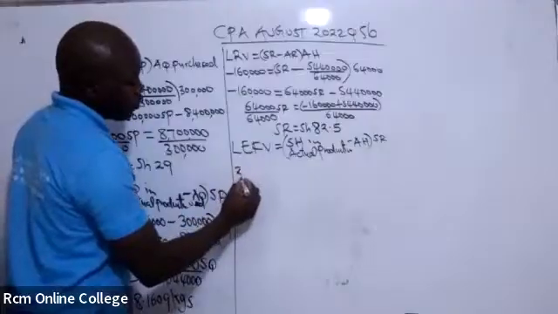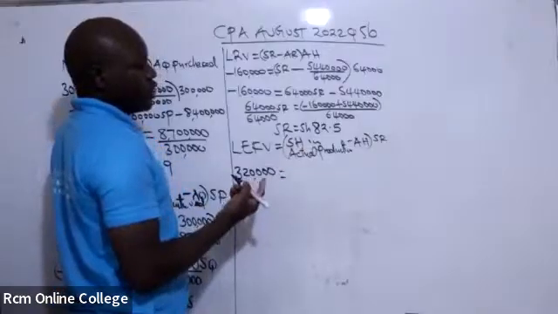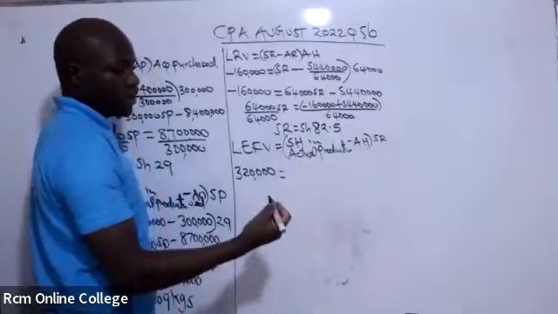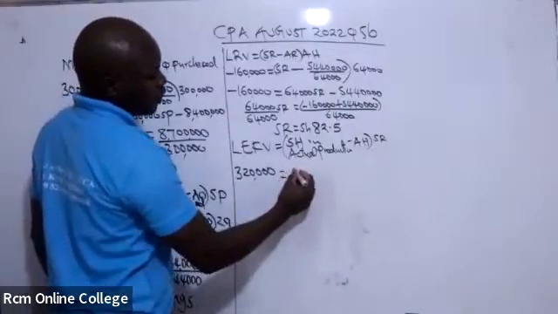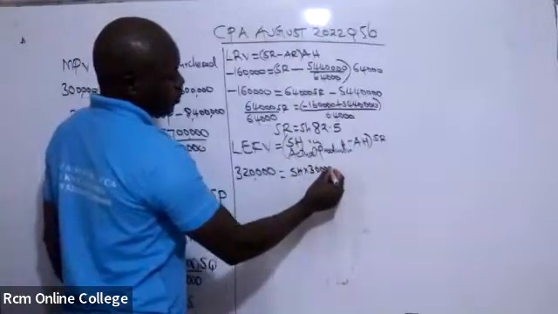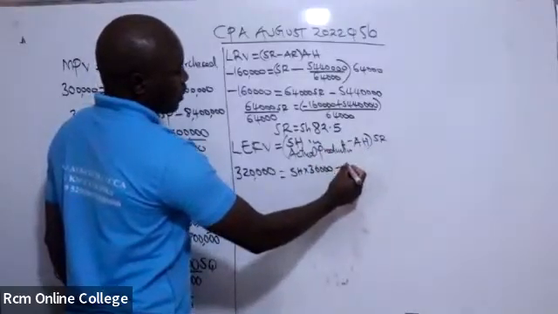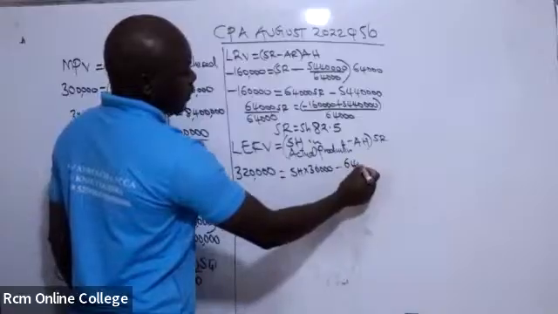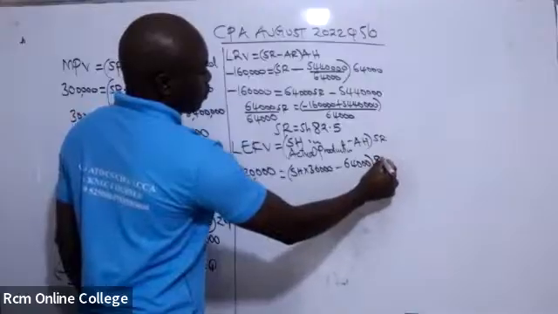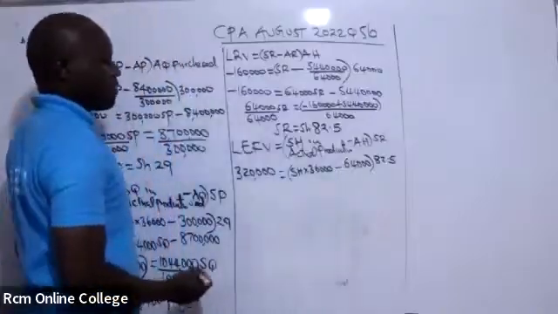A positive of 320,000 is equal to standard hours, which we do not have. What about actual production? Yes, we have 36,000 units. So it is SH times 36,000 units. And remember, we compare with actual hours, which happened to be 64,000 hours. Then we multiply this by the standard rate, which is 82.5.